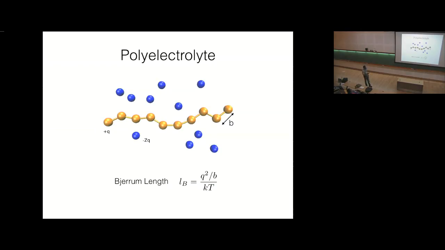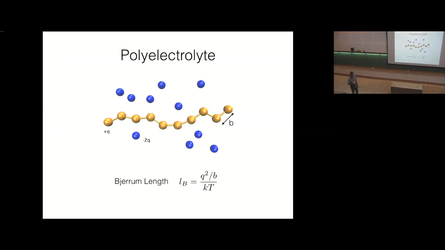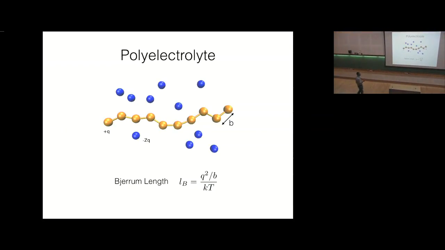If Lb is very small, you can ignore electrostatic interactions, and if the Bjerrum length is very large, the electrostatics become important. I call it the non-dimensionalized Bjerrum length; it's non-dimensional.